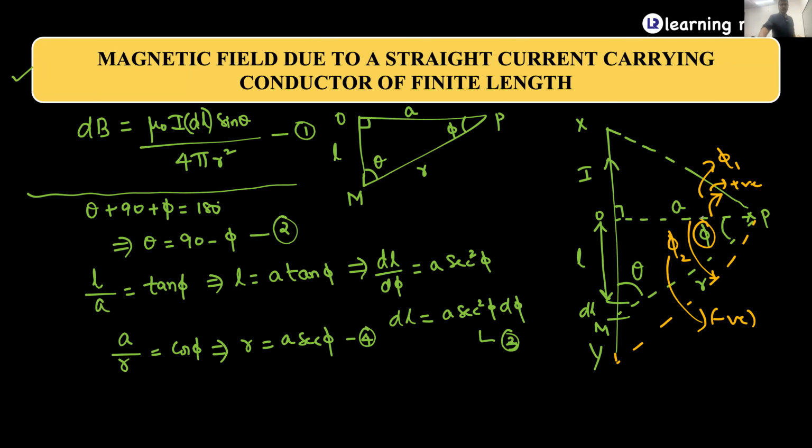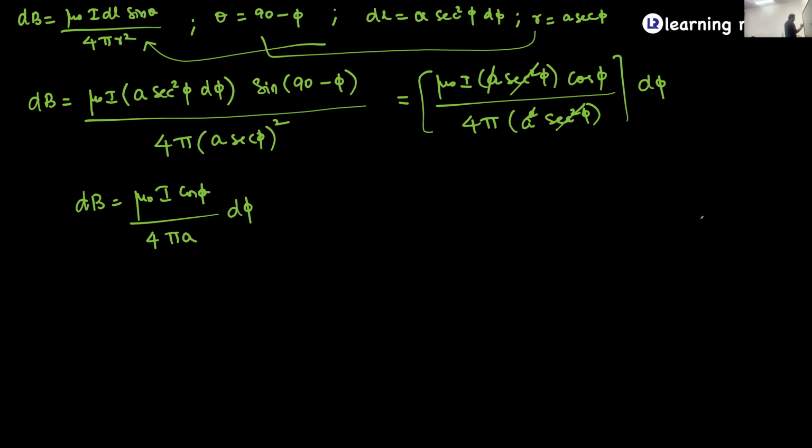So I can write B is equal to the integral of mu naught I times cos phi, the whole divided by 4 pi into a times d phi, where the limit varies from negative phi 2, because phi 2 is going in the downward direction, till phi 1, which is a positive value at the topmost end.